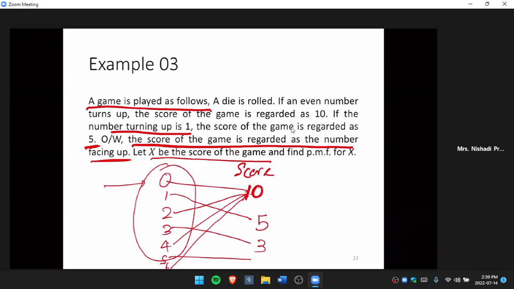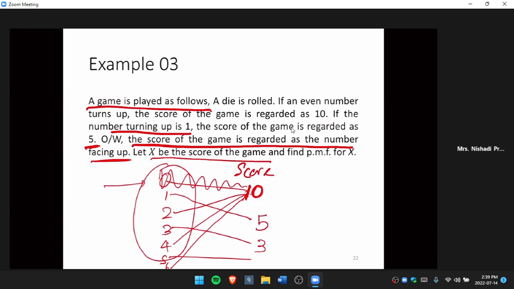A die has 6 sides from 1 to 6, not 0. Thank you for reminding me. The sample space has only 6 elements, 1, 2, 3, 4, 5, 6, which means there are only 6 possible outcomes. Now, the sample space for the experiment is 1 to 6.